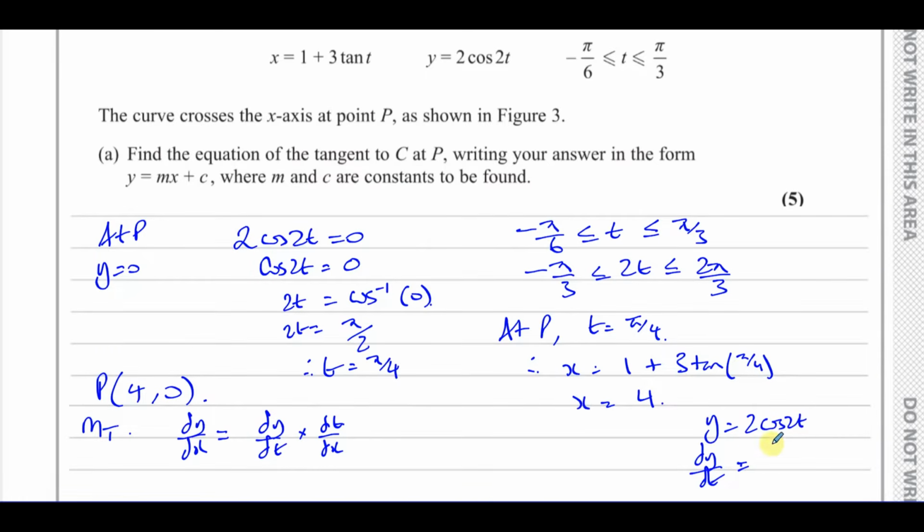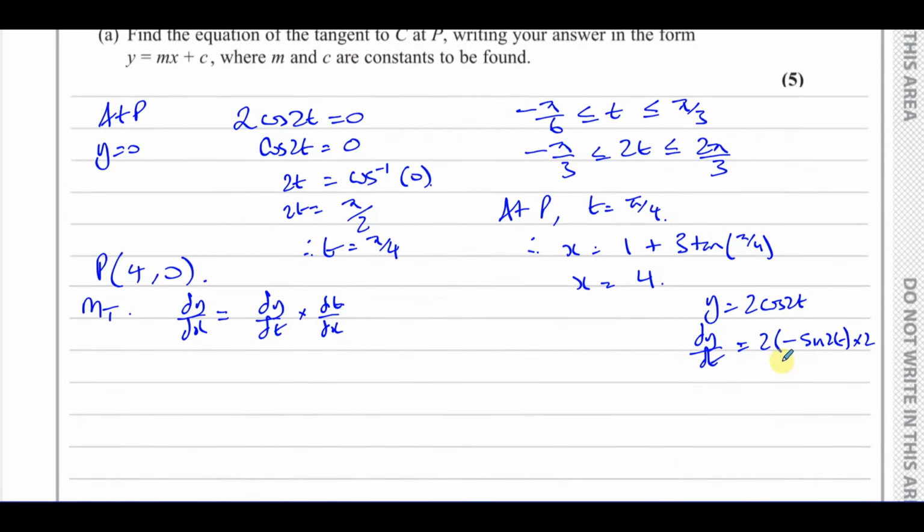So you're going to have 2 times minus sine of 2t, then multiplied by 2 because of the chain rule. You differentiate this as normal, and then you multiply by the derivative of what's inside the function. So that gives us negative 4 sine of 2t. That's dy/dt.